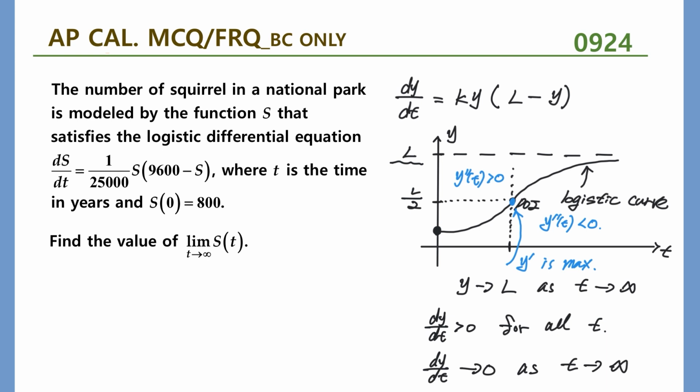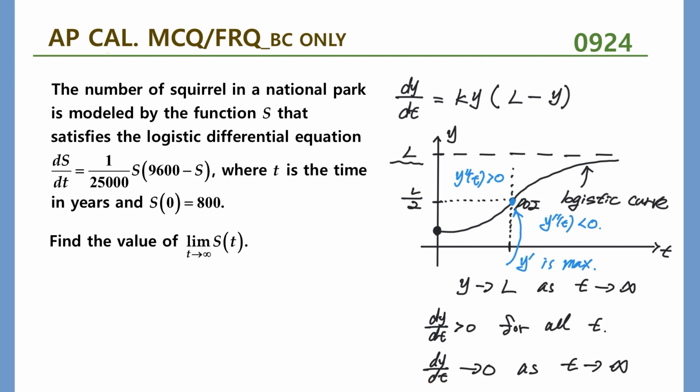If we look at this logistic curve, it increases, but as t approaches infinity, our slope is going to approach 0, because the population is approaching L, which means there's no increase in population anymore. So as t approaches infinity, remember that our slope approaches 0.